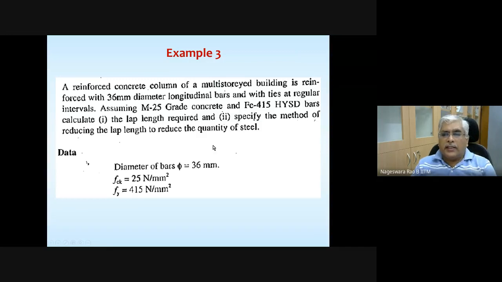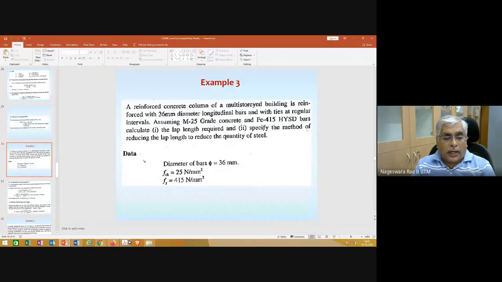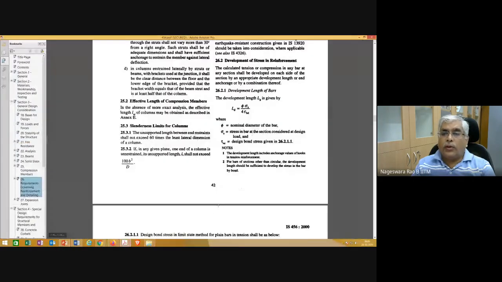The data that is given in the problem statement is noted here. And with this, you can go to your IS code. Development length, LD, is given by this, which is going to depend on the diameter of the bar, the maximum stress in the bar, sigma S, or stress in the bar at the section considered.